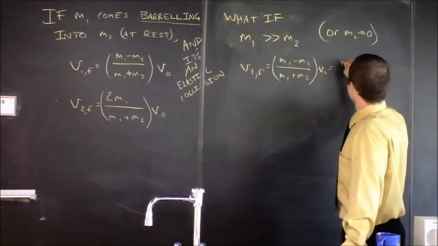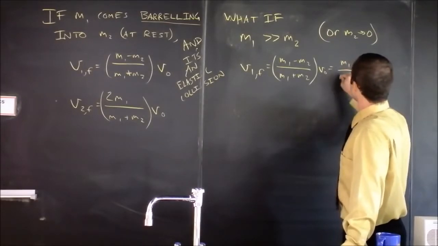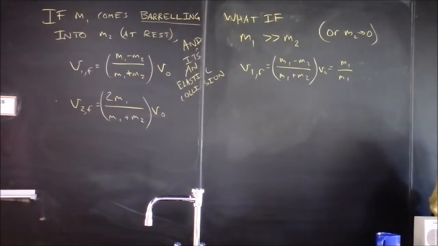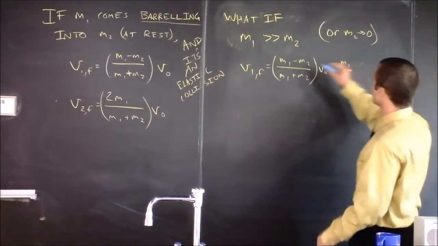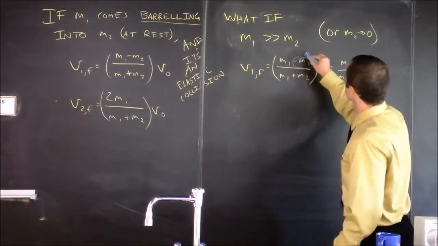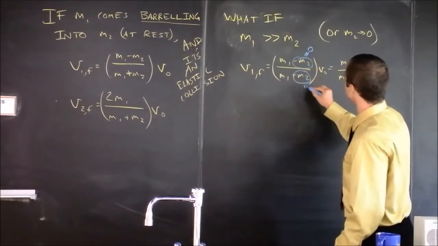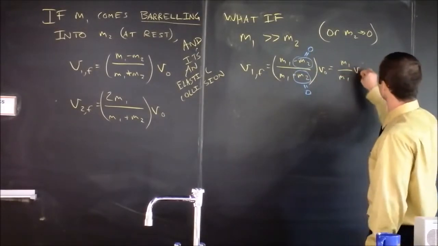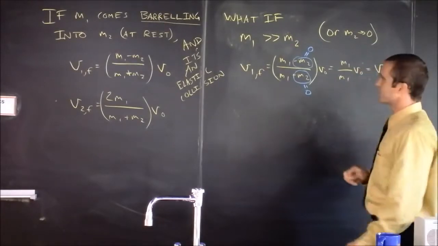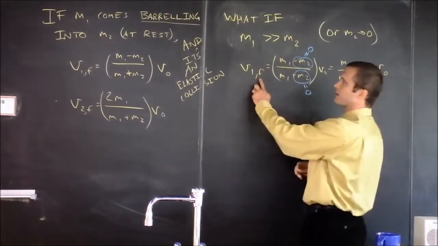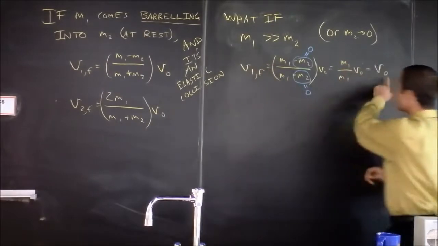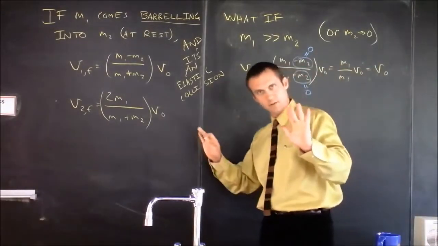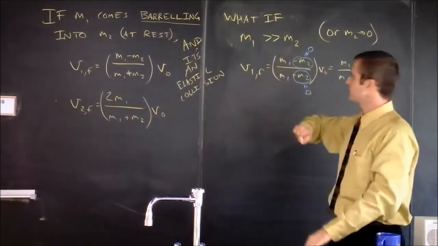So we're going to have m1 over m1 if, as we promised, these guys are going to 0. Check them out. That's 0, and that's 0. So this is m1 over m1 times v naught, which you know as v naught. So the initial object, the guy coming in, continues unimpeded at its initial velocity. However, this is just an approximation because we're doing the limit very sloppily.